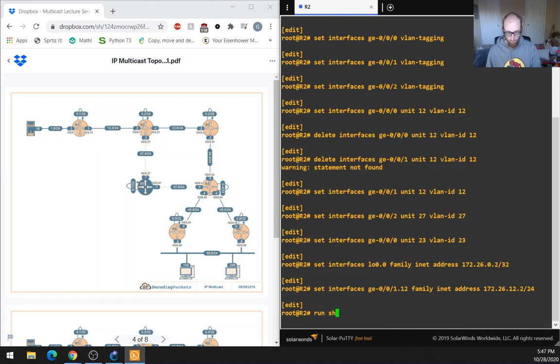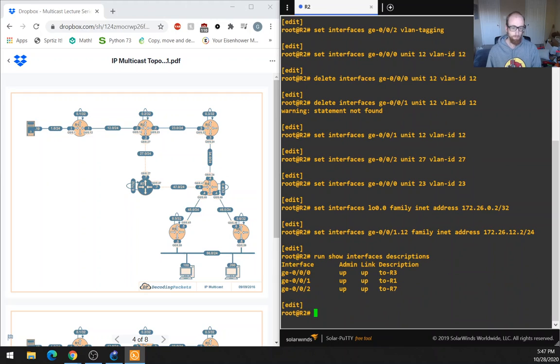Is that right? Yeah, 1 goes to router 1, so next we'll do router 3. 0.23. Address is going to be 23.2.